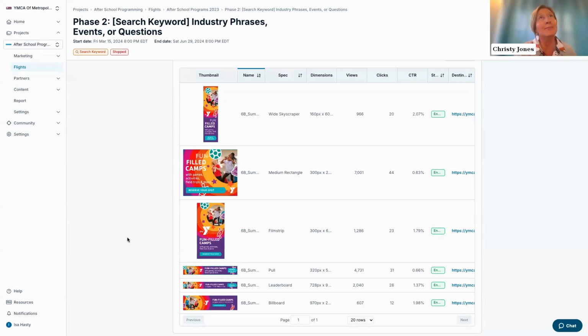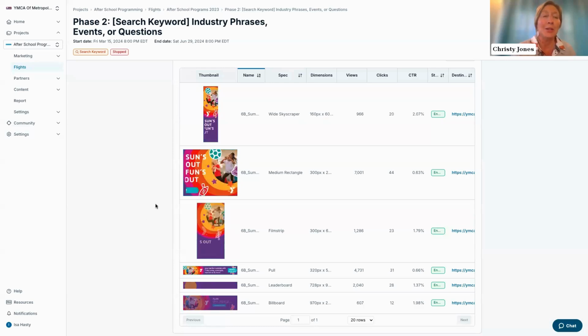We also look at our competitors, so we do competitor keyword lists, as well as a variation of locations, particularly as we see this fun's out, sun's out.